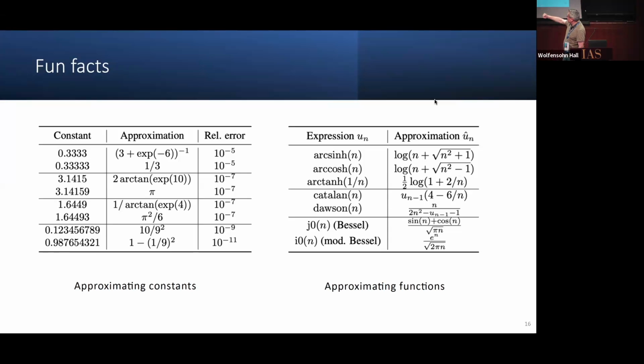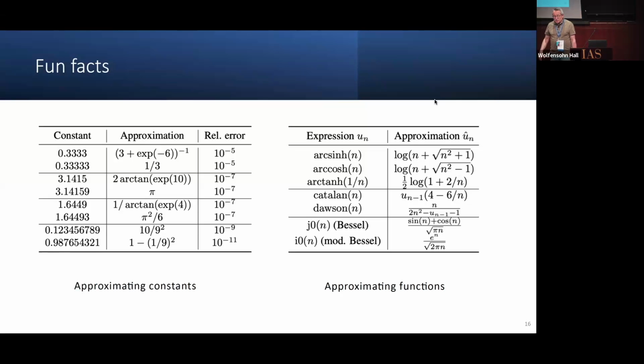If you give pi to enough digits, the model will recognize pi. But look at the one at the top. This one is absolutely great. It looks crazy until you remember that arctangent of infinity is pi divided by 2, right? So twice the arctangent of a very large number like exponential 10 will be a little less than pi. And so on. On the right, it's the same thing.